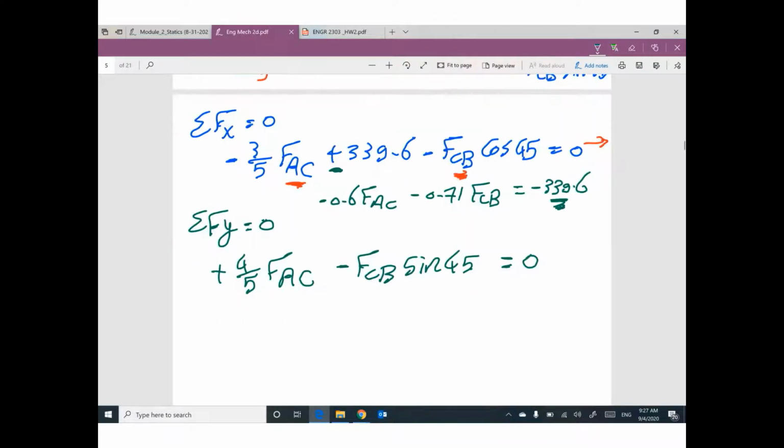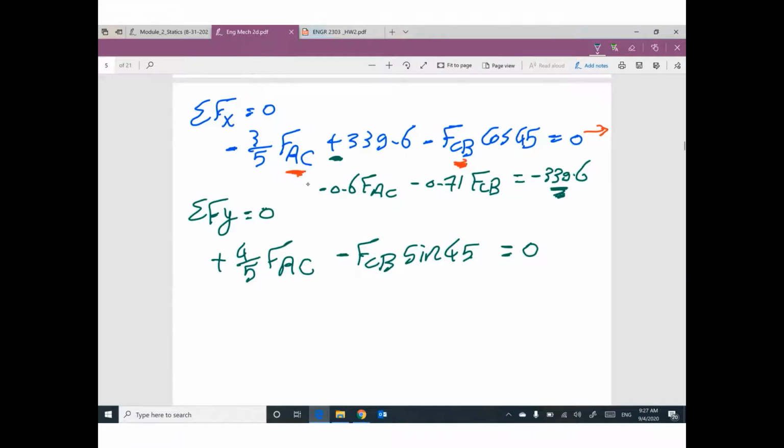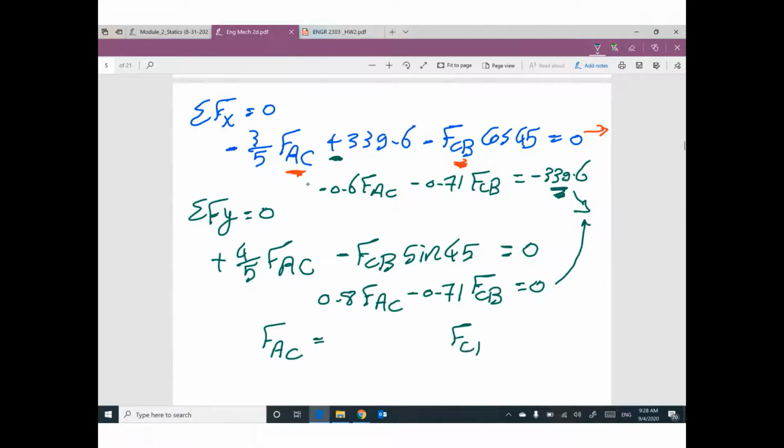If you simplify this one, 0.8 FAC, negative 0.71 FCB equals 0. Solve these equations. With them, I can figure out the value of FAC and the value of FCB. I will solve these equations. Just a second.